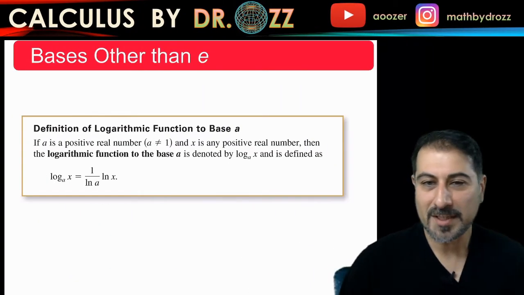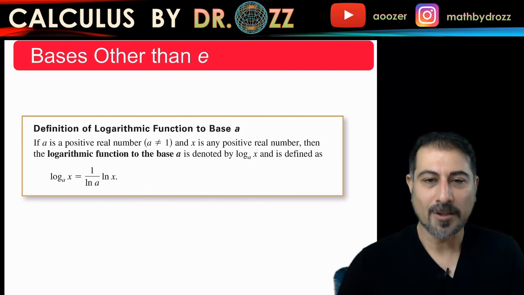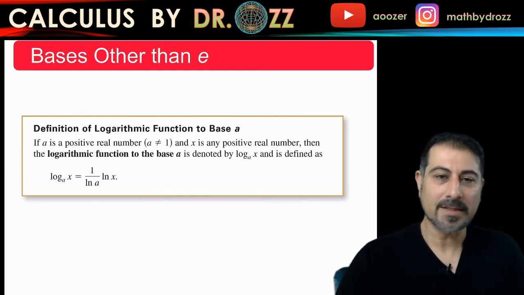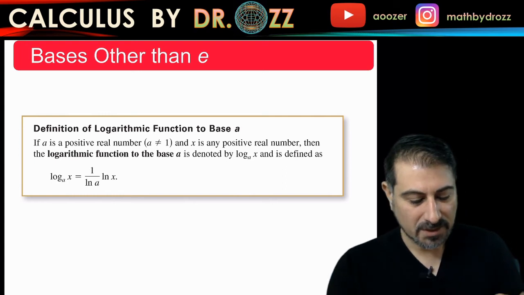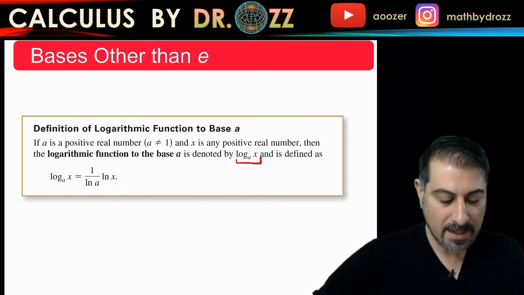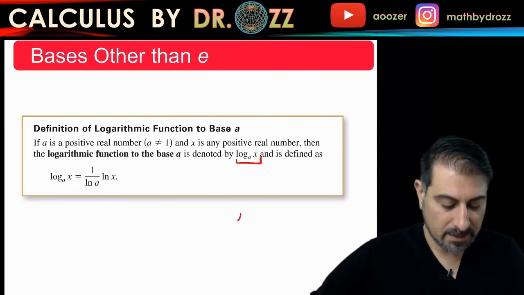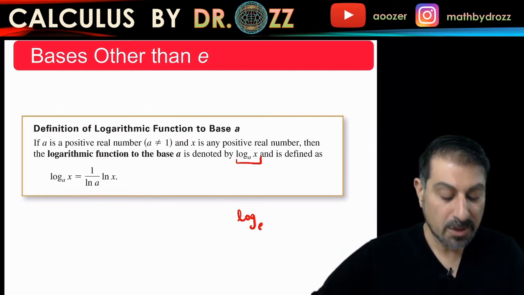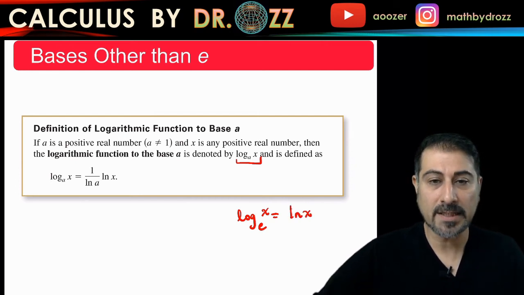And the same story goes on with the logarithmic functions having bases other than e. Let's say we consider a log function with base a. By the way, if the base is e, we call it the natural log function, and there's a special name for that, ln x.